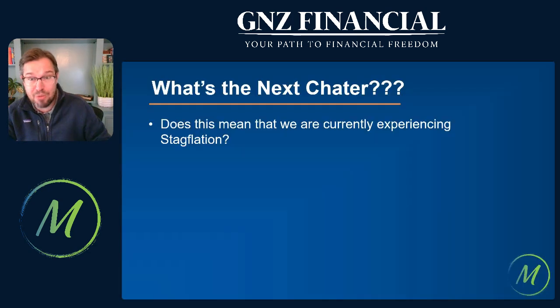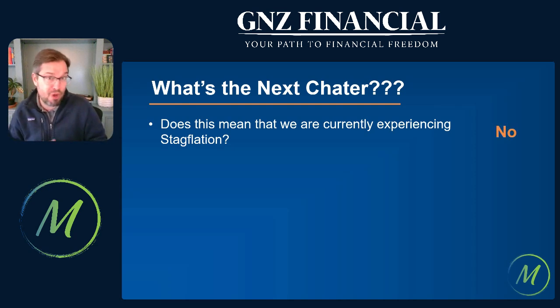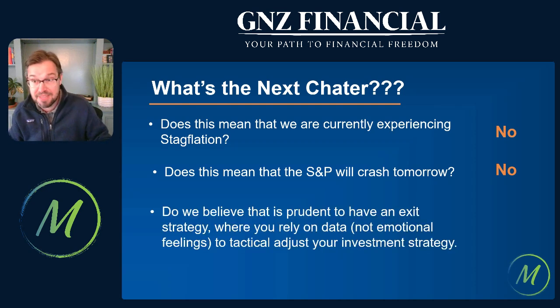So what does that all mean? Does this mean we're currently experiencing stagflation? I'd say no, but there are definitely risks out there. And we saw in the 1970s when we had stagflation, it wasn't great for the economy and it wasn't great for the stock market. Does this mean that the S&P is going to crash tomorrow? No, we're continuing on an upward trend, but we do see some risks.